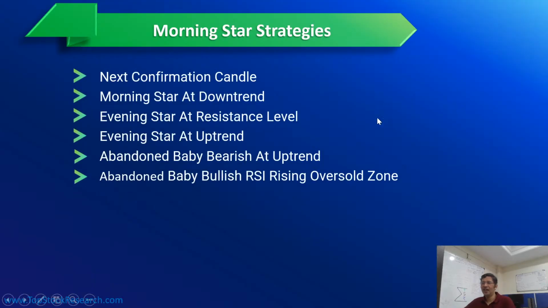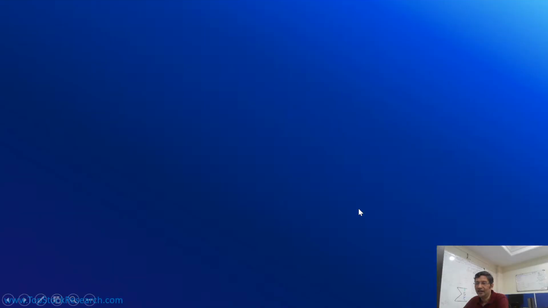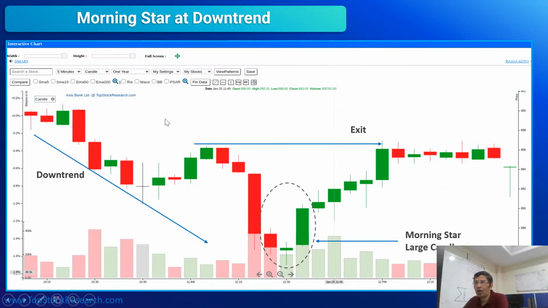So morning star strategies. When we look at this, we should be looking at the next candle confirmation, where it is formed, downtrend, uptrend, and so on, right? And other technicals like the RSI and other things. If it is formed on a downtrend, in a morning star, so it's a downtrend, a small gap in the bodies.